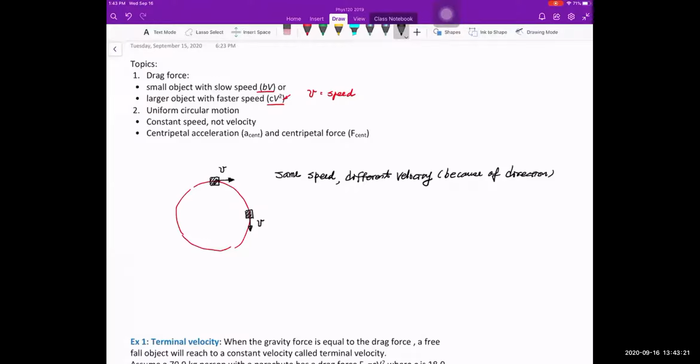When you have this situation, that means you have a change of the velocity. And how do we define acceleration? Acceleration is the change of velocity. It's not a change of the speed, only a change of velocity. Remember that? So it's change of velocity over change of time.